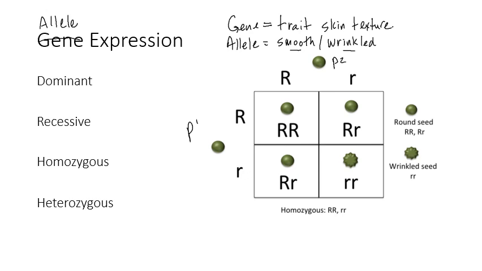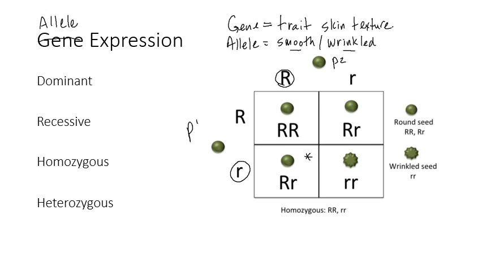If parent 1 passes on a recessive trait for skin texture, producing wrinkled skin, and mom passes on a dominant trait, round, we're going to have a situation where the offspring, in this section of our Punnett square, has a dominant allele R and a recessive allele r.